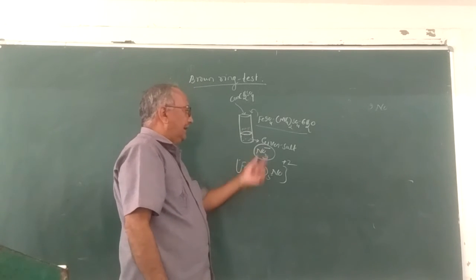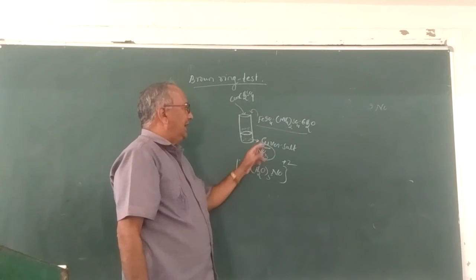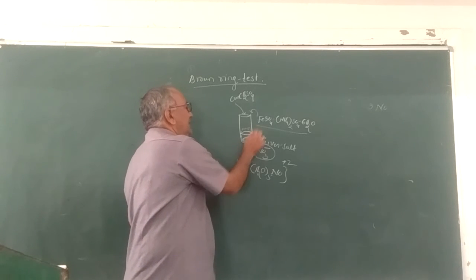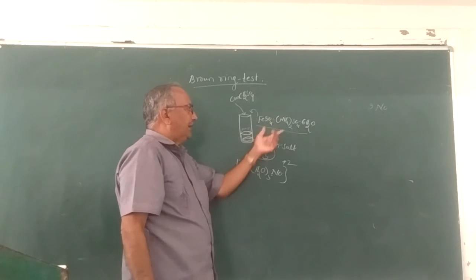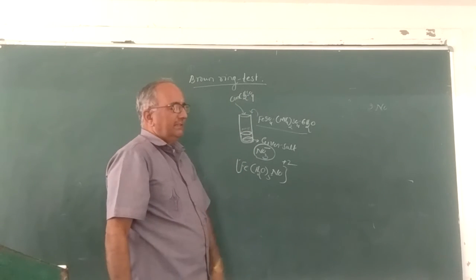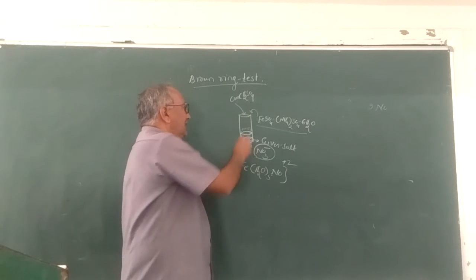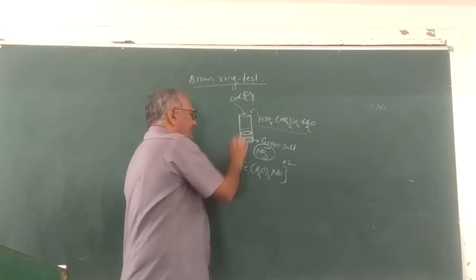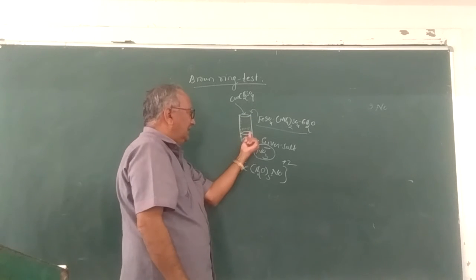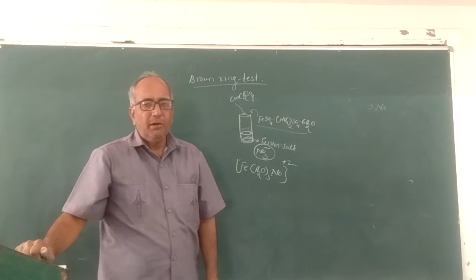Repeating once again: take the given salt solution, then add the saturated solution of ferrous ammonium sulfate. Then slowly, using a dropper, add the concentrated sulfuric acid along the side of the test tube. When it contacts the mixture, the brown ring slowly forms.